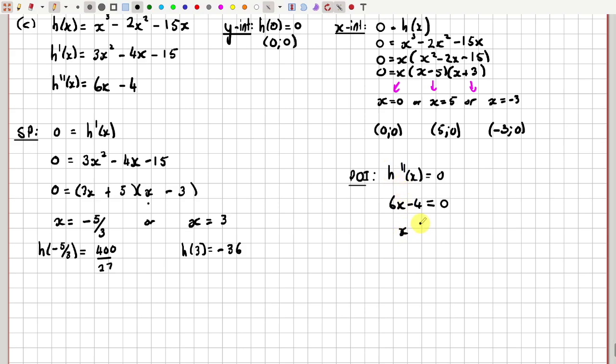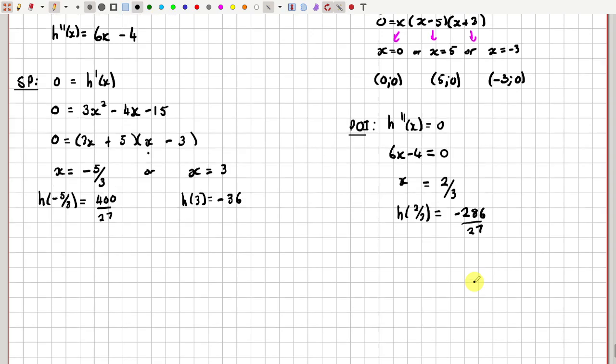And we get that x is equal to 2/3. Again, we are using our original equation. So we go back to the original equation. That's what we're trying to draw. We sub in 2/3 and get minus 286 over 27.